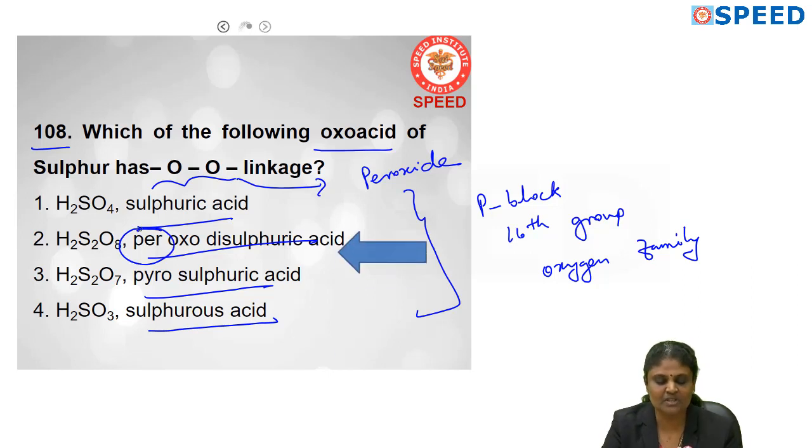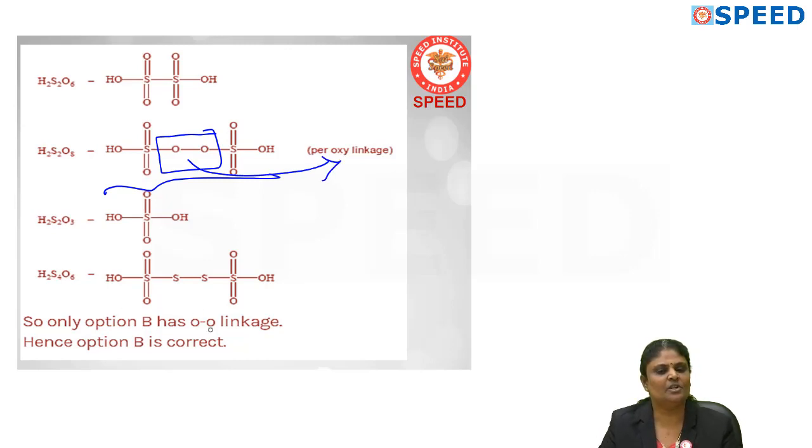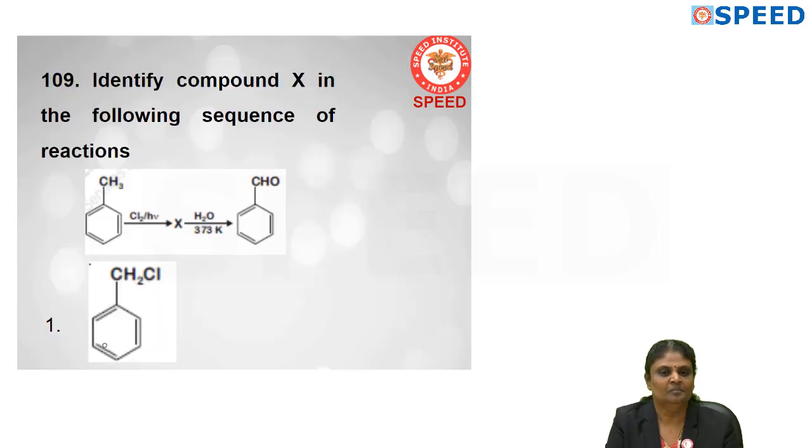This option is the correct one. In this system, the peroxide linkage is present, the peroxy linkage. The option B has the O-O linkage, hence option B is correct.